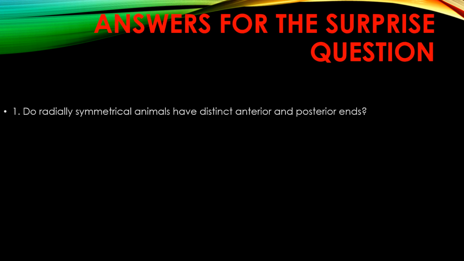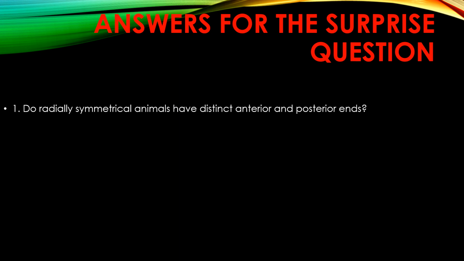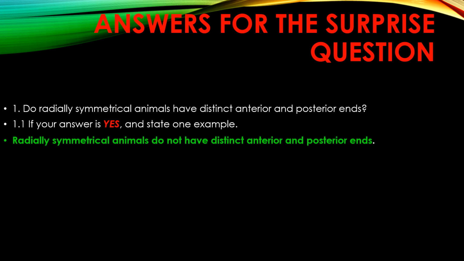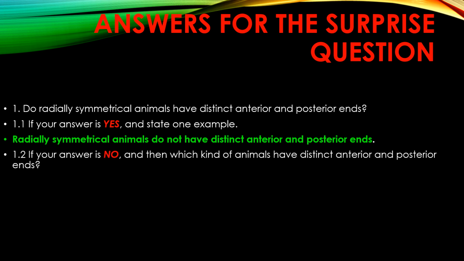These are the answers for the question. Do radially symmetrical animals have distinct anterior and posterior ends? Actually, radially symmetrical animals do not have distinct anterior and posterior ends. If your answer is no, then which kind of animals have distinct anterior and posterior ends?